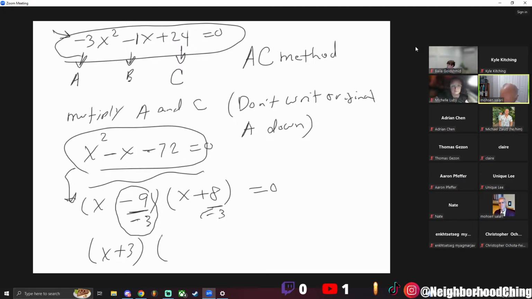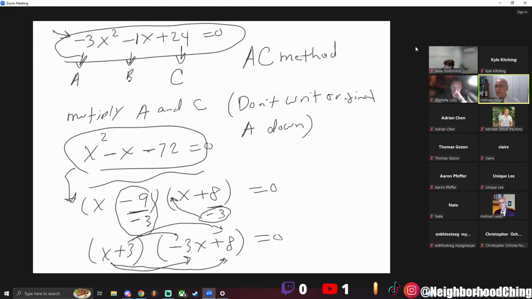That means you put this bottom up here for the coefficient of x, so this is now -3x plus 8. Now let's convince ourselves: x times -3x is -3x squared, x times 8 is 8x, then -9x gives me -1x that I had in the beginning, and 3 times 8 gives me 24.